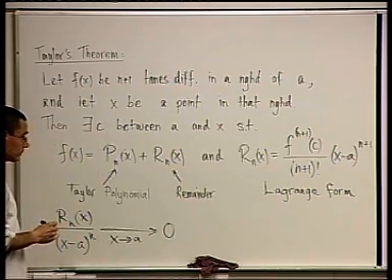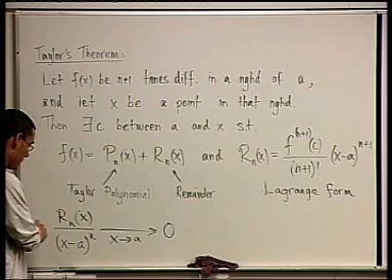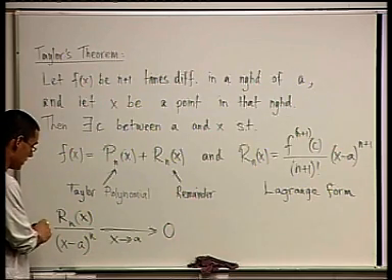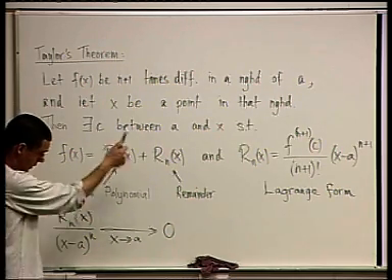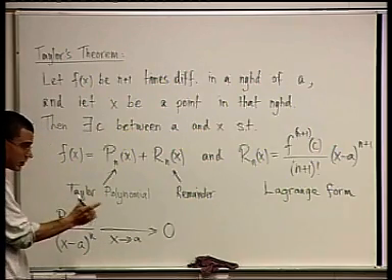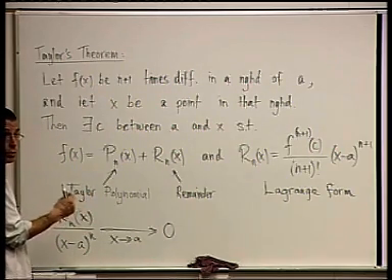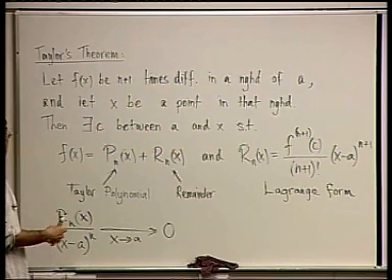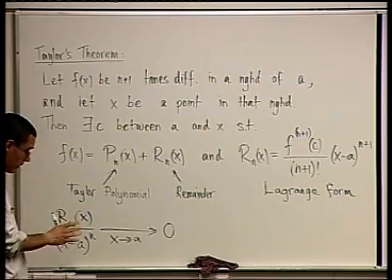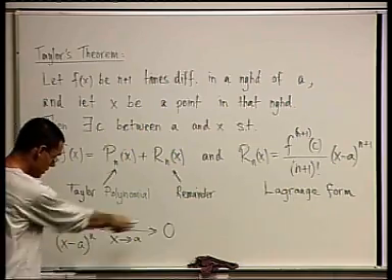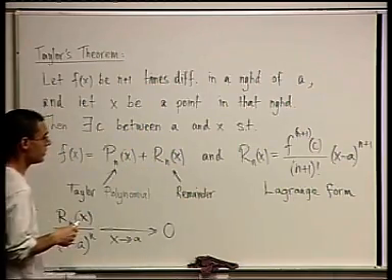So we also mentioned this, and this is always true. So as you get closer and closer to the point a, your approximation becomes better and better. Okay? The error tends to 0.